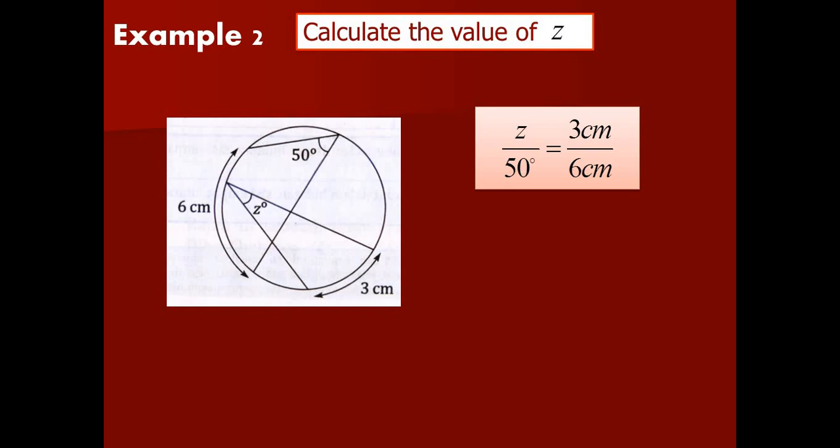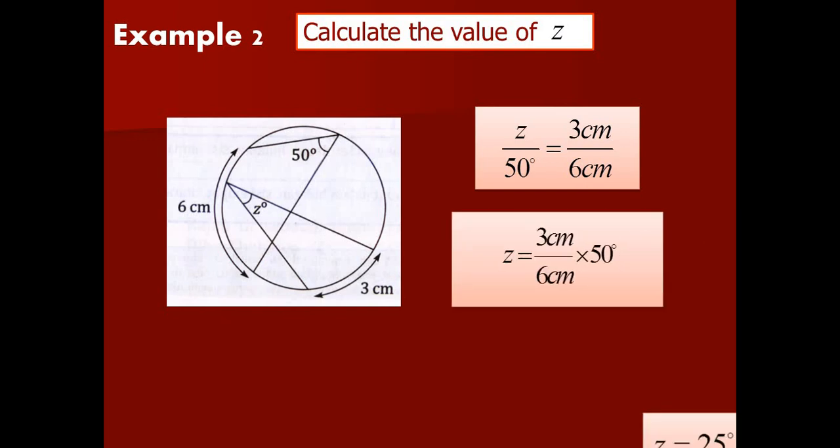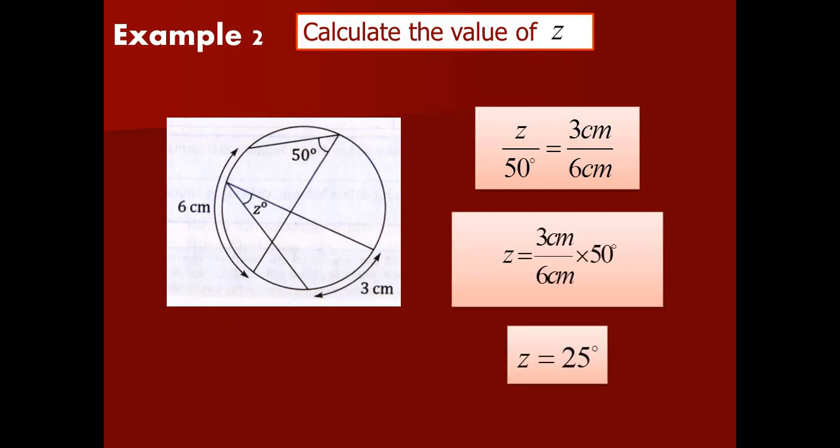So as usual, z over 50 degrees is equal to 3 cm over 6 centimeters because they are proportional, and simplifying it, you're going to have your z equals to 25 degrees.